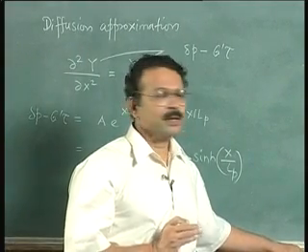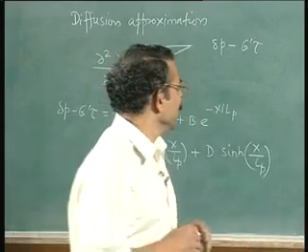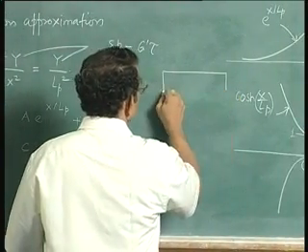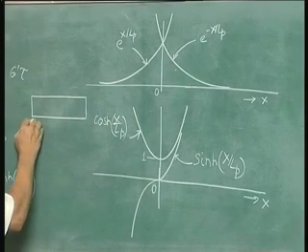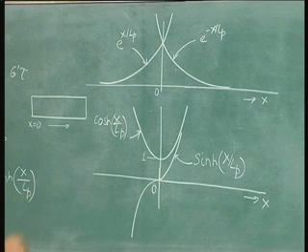For example, supposing you have an infinitely long semiconductor, let us say it goes from x equal to 0 in this direction to infinity.